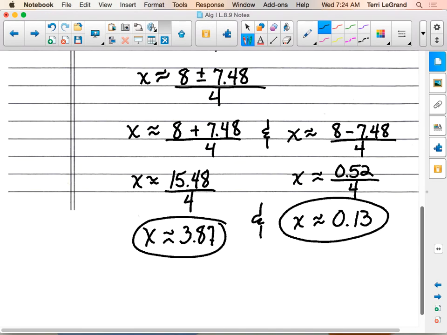So again, we have two solutions, 2 zeros, 2 locations where this parabola crosses the x-axis. So we have to do some rounding. And of course, if they asked you to give the exact, we would have to simplify our radical and work from there. But we're not going to work with exact in this one this year.